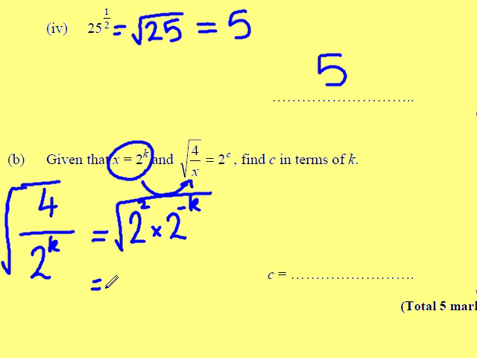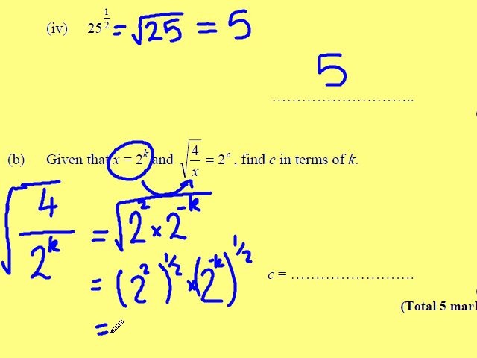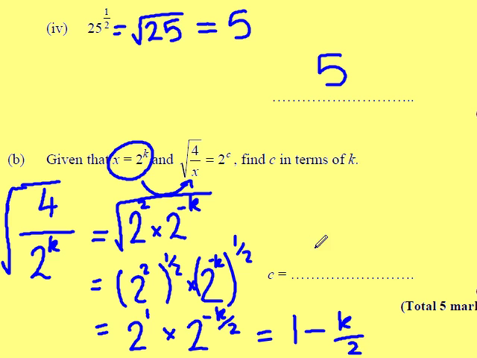When we square root, we're actually taking the power of a half, so each of those, 2 squared to the half times 2 to the minus k to the power of a half, leaving me with 2 to the 1, because half of 2 is 1, minus k divided by 2, so 2 to the power of minus k over 2. If I add the powers, I'm left with 1 minus k over 2, and that is equivalent to my c.